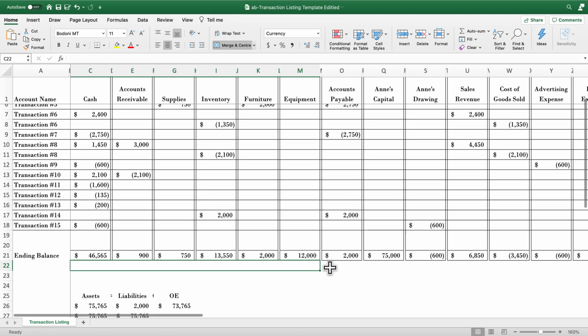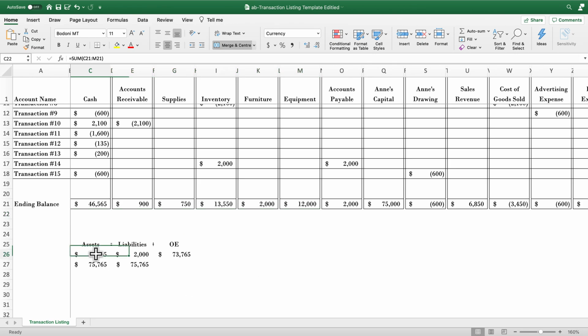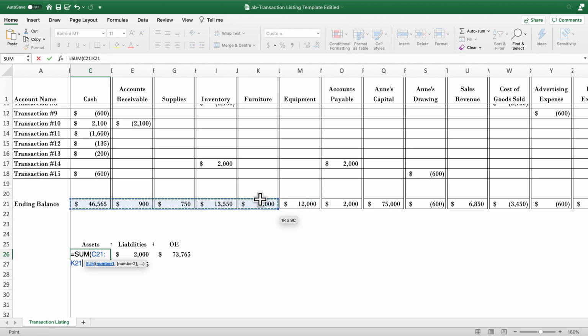Alright, so then when we look at if our assets equal our liabilities plus our owner's equity, so we line up these. So our assets equal sum of all of these accounts here, right?